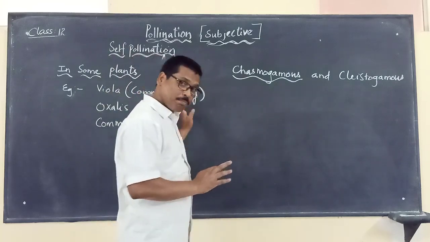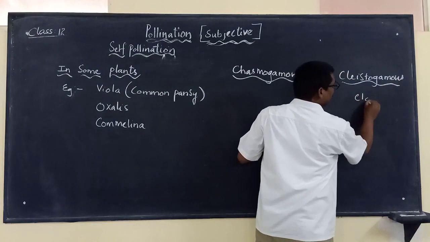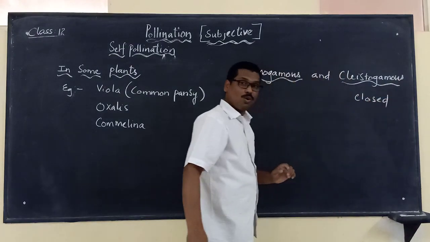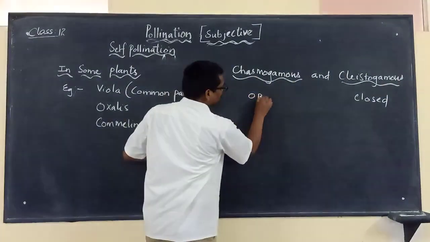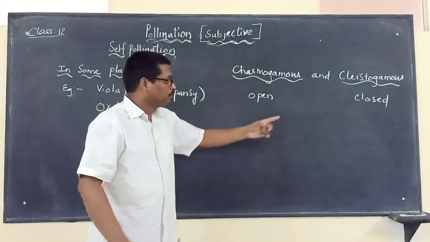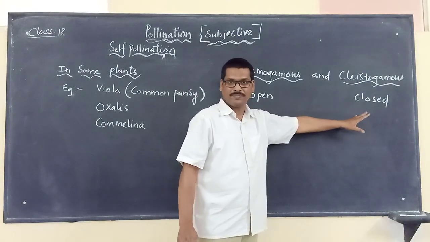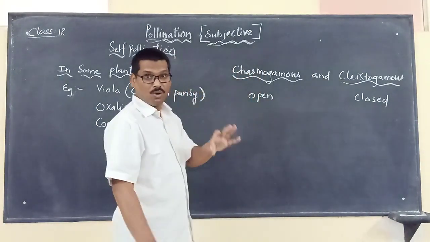But the same plants also show another type of flower that is completely closed. Chasmogamous flowers are open all the time, but cleistogamous flowers are always kept closed.